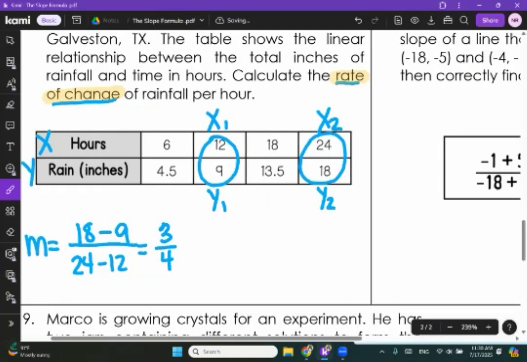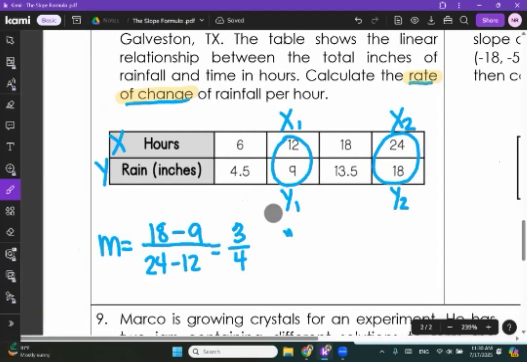So the rate of change of rainfall per hour, how would we describe it in words? 3 is your y value, remember? Change in y over change in x. So the top number describes your y values. So it's 3 inches.